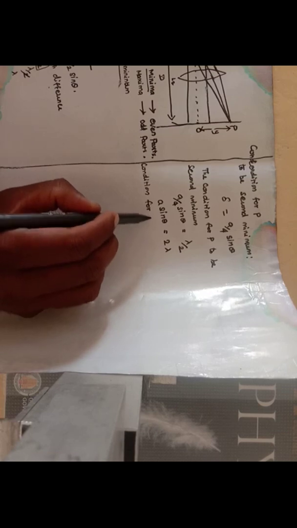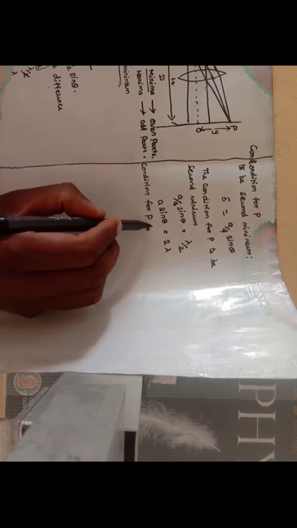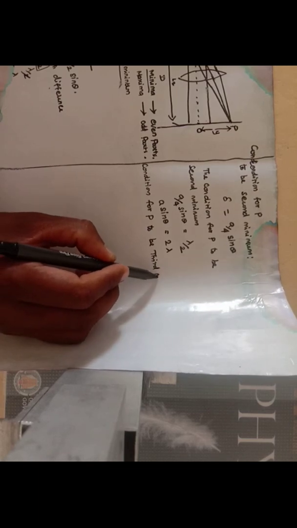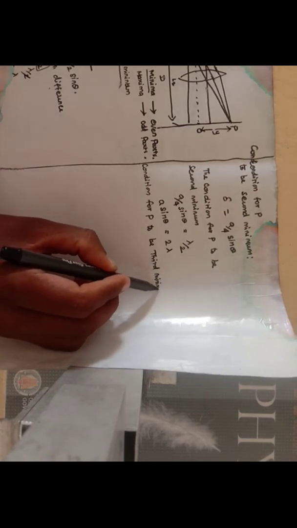So next, the condition for P to be third minima. For the third minimum, the width of the slit is split into 6 parts.